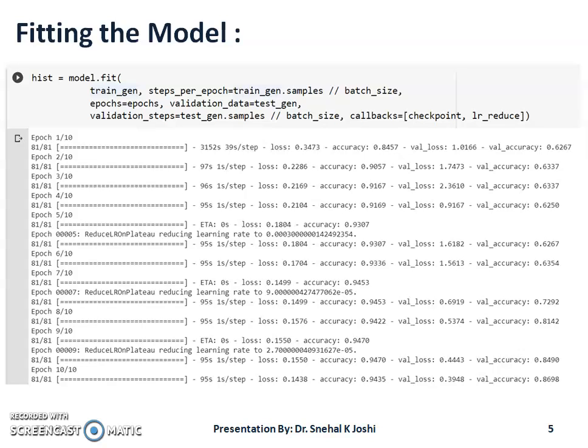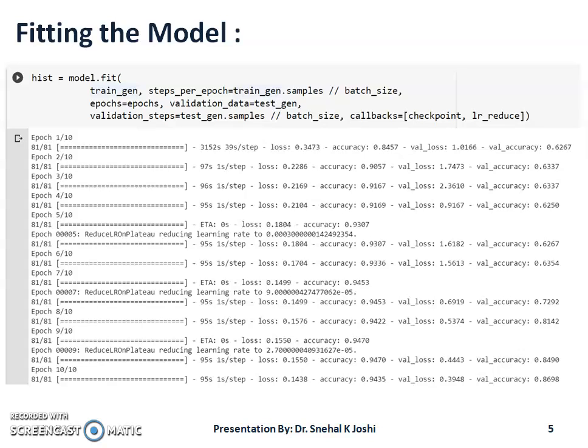You can observe the output that I got while training the model. You can observe that there are train epochs. For each epoch, a total of 81 batches of images are submitted for training. For the first epoch, the total time taken was higher, almost 3152 seconds. That means an average of 39 seconds per batch of images.